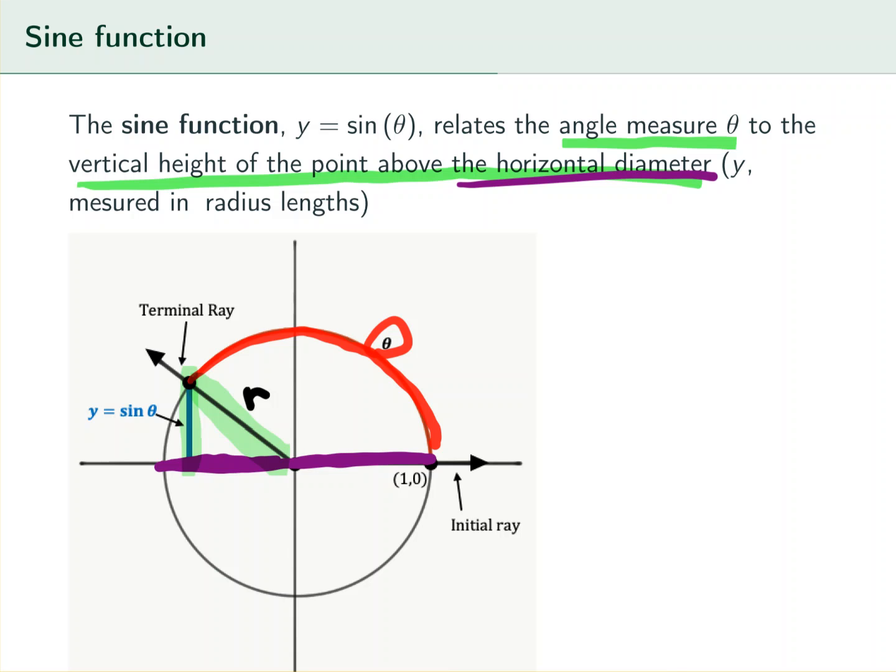As you can see, there's no mention of a right triangle. We're just looking at an angle measure and its terminal ray and the distance between the terminal ray and the horizontal diameter of a circle. So we measure this distance and divide by the radius. Let's look at it in more technical terms.